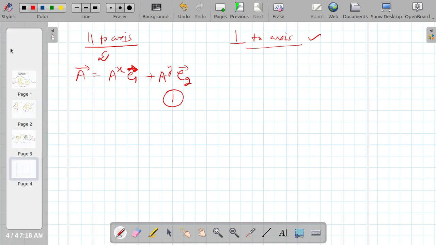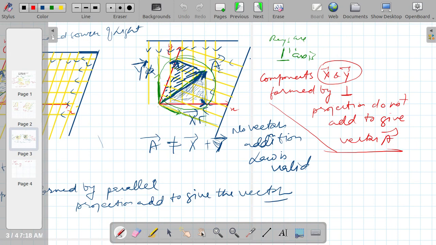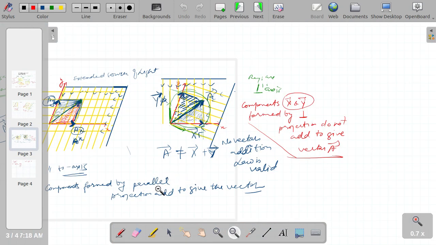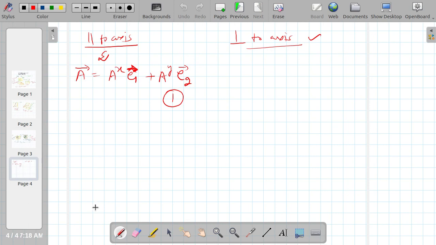Let me recall the earlier diagram, or let me draw another diagram. That will be much better. So for this case, let us consider a diagram. Light ray is coming in this way.